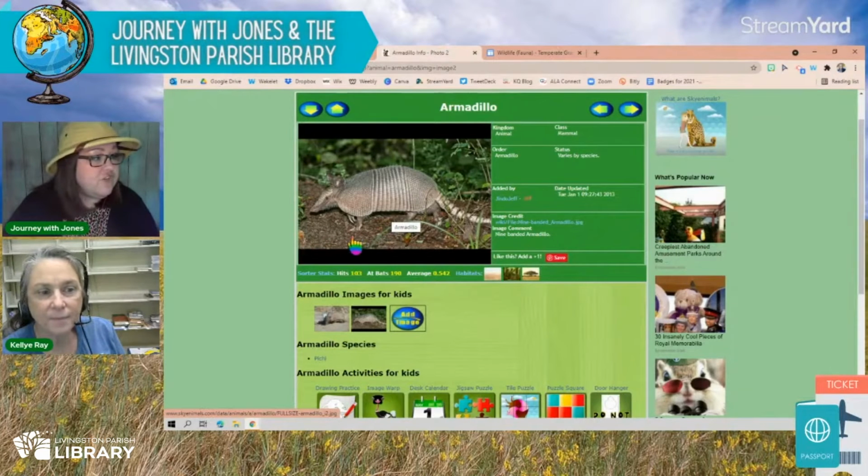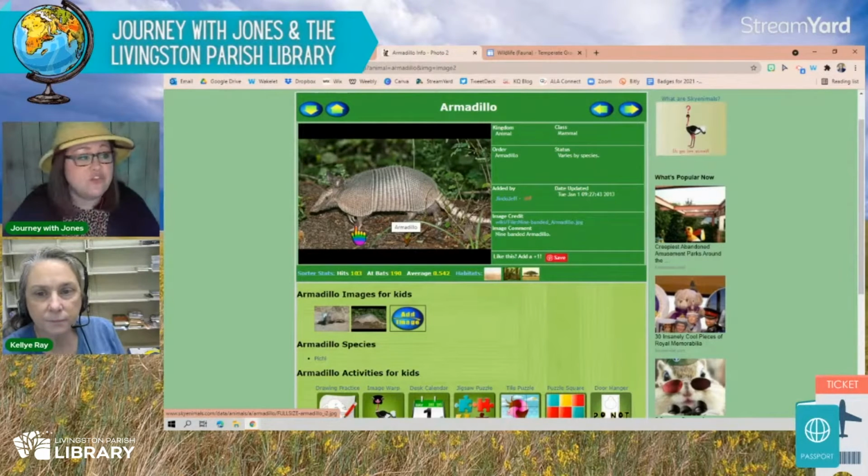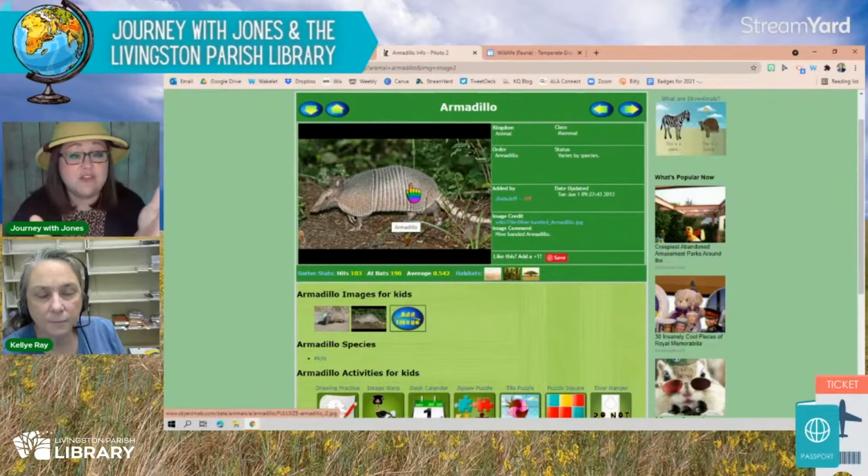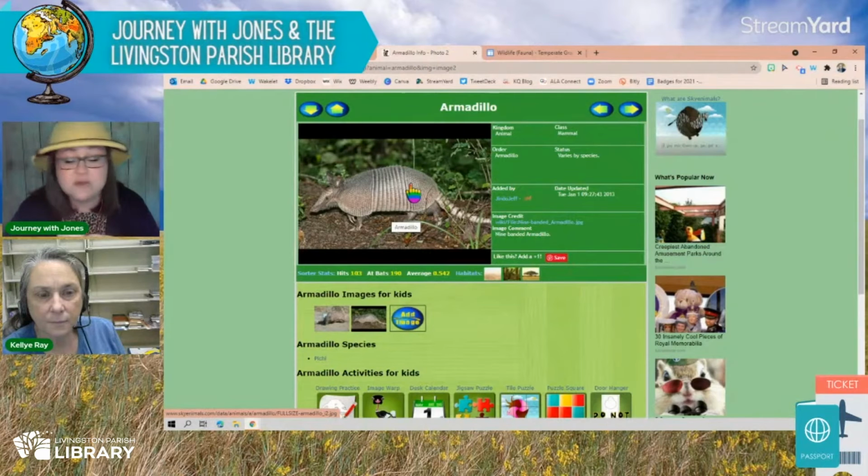They have very, very sharp claws. If you've ever seen one, we have a lot around my home here in Louisiana, and they have very, very sharp claws. They are covered in this protective layer of armor. Now, some armadillos can be 30 inches long, but there is a species called the giant armadillo in some grasslands that can be 60 inches long and can even be up to 120 pounds.